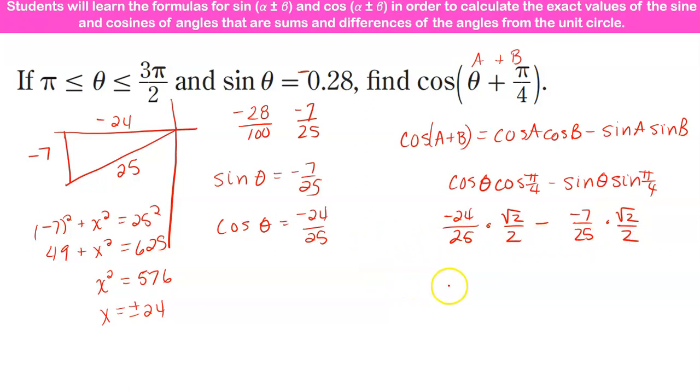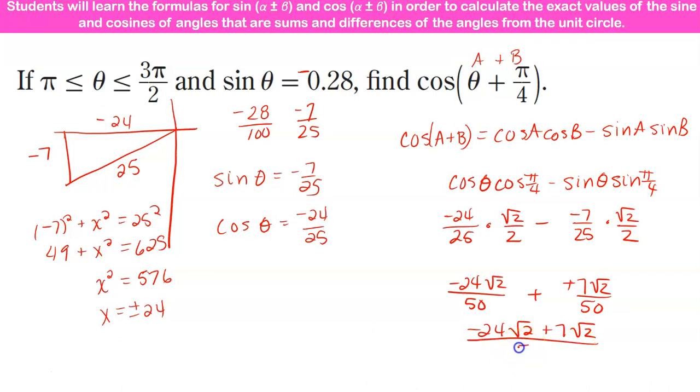So we have negative 24 square roots of 2 divided by 50, minus a negative 7 square roots of 2 divided by 50. Minus minus means plus, so we have negative 24 square roots of 2 plus 7 square roots of 2, divided by 50.